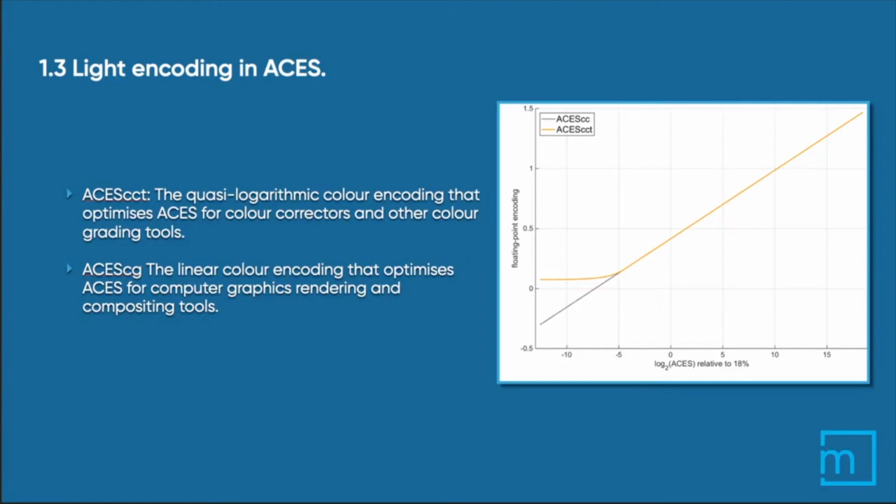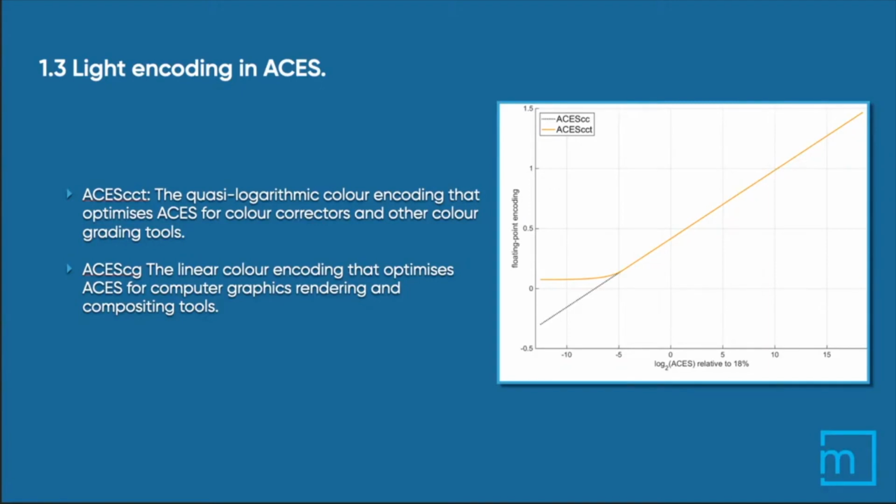Basically it was a quantization issue, so a toe was added to the curve, which you can see in the graphic, in the difference between CC and CCT. The T of CCT stands for toe, and this gives a more predictable result when you're operating the controls in any color corrector. It's more similar to a traditional Cineon curve, which all have this toe.